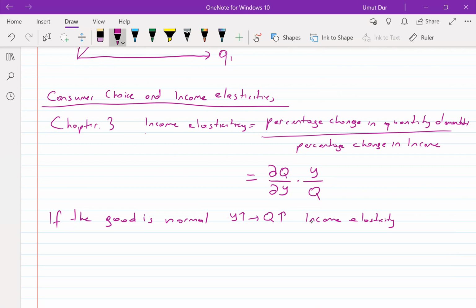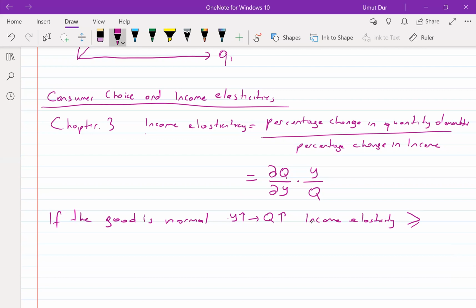It's always positive, right? Since the quantity demanded increases with income, this derivative will be positive, and since this term is also positive, our income elasticity for normal goods will be positive.